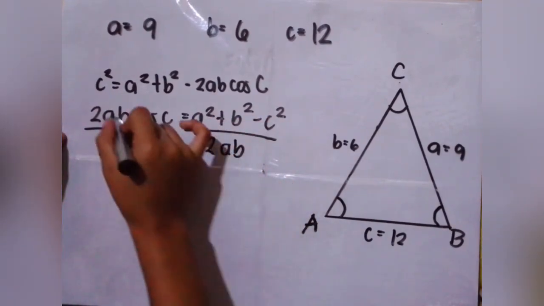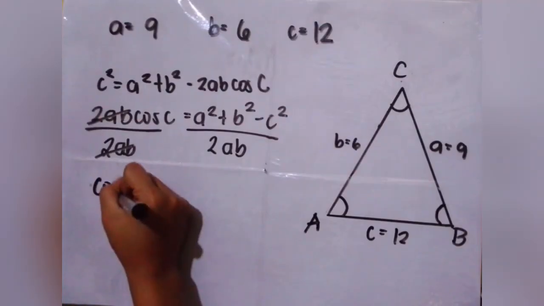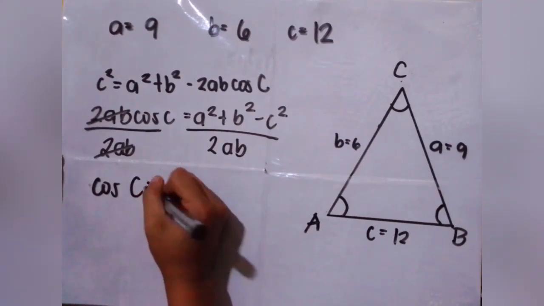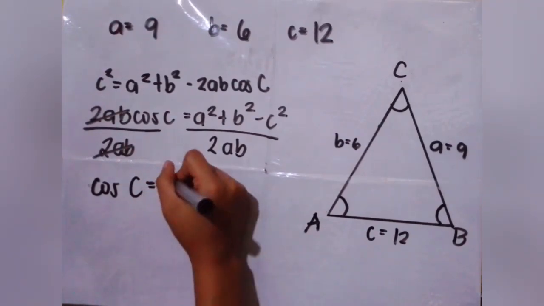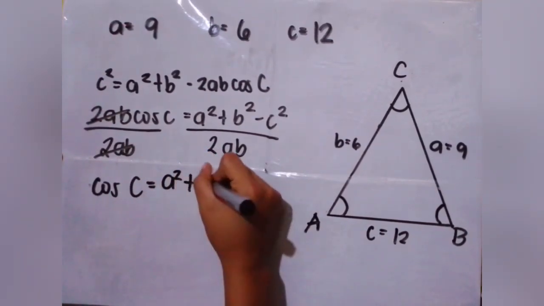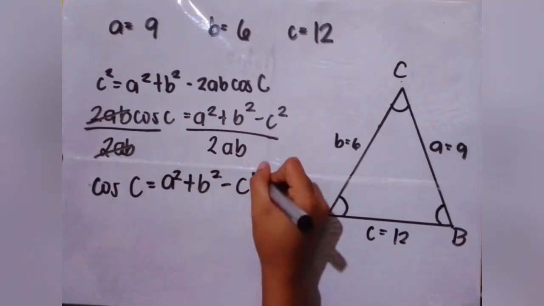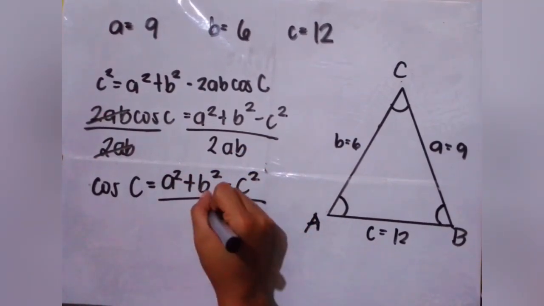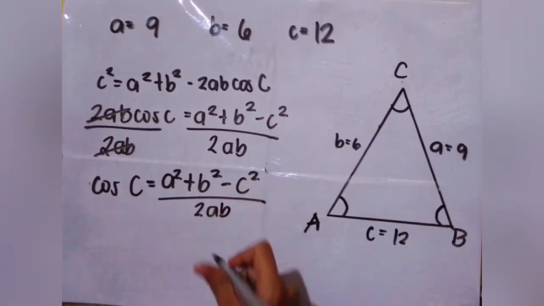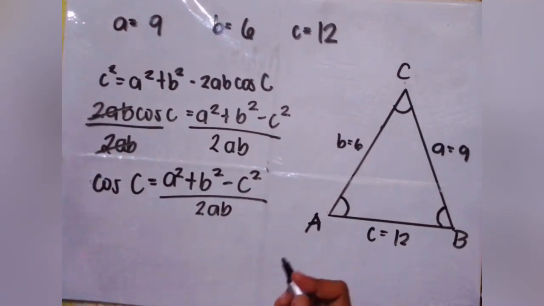Then, cancel. Cosine C is equal to A squared plus B squared minus C squared over 2AB. Then, substitute.